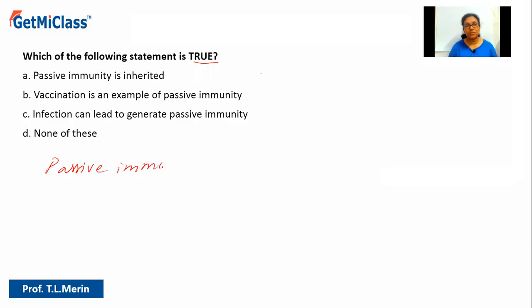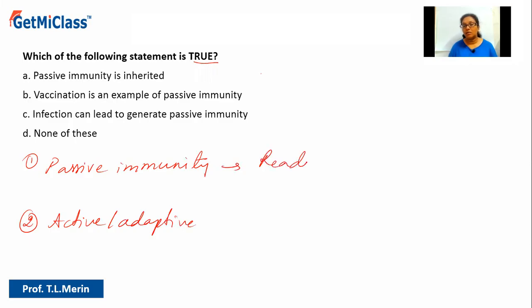If you talk about immunity, there are two types of immunity. The first one is passive. The second one is called active or adaptive. Passive immunity is where ready-made antibodies are administered.